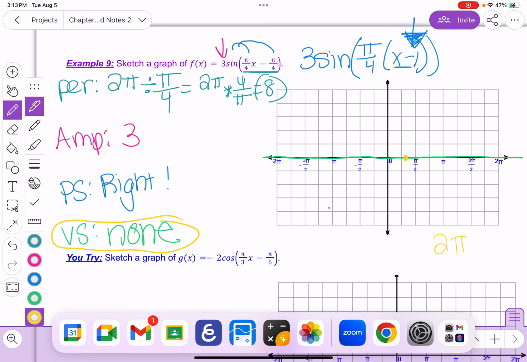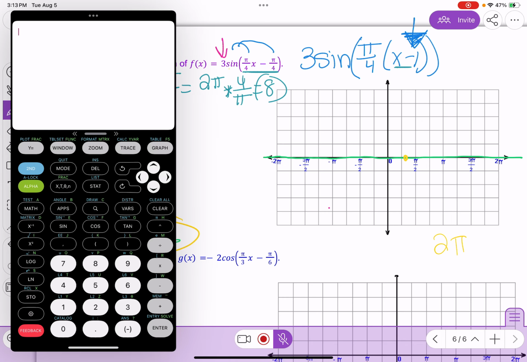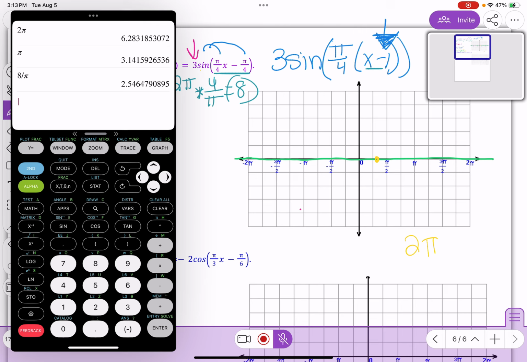So hold on, let me bring my calculator back for a second. 2 pi is 6.28. So let's see, 8 divided by pi is 2.54 pi. So 2 pi, 3 pi, 3 pi over 2, 4 pi over 2.